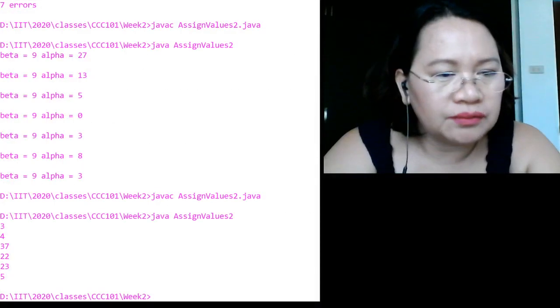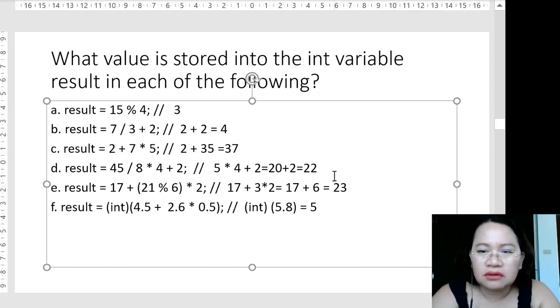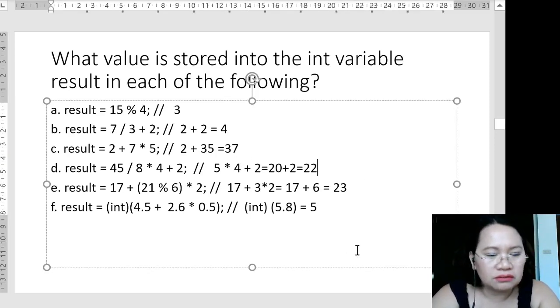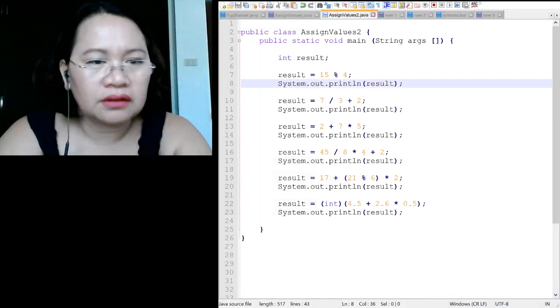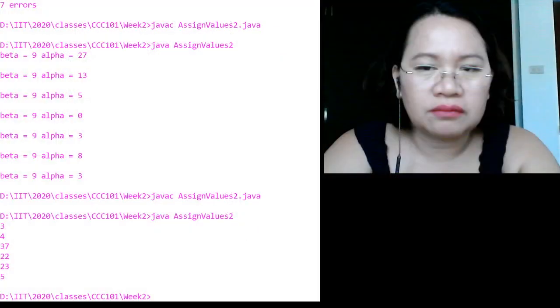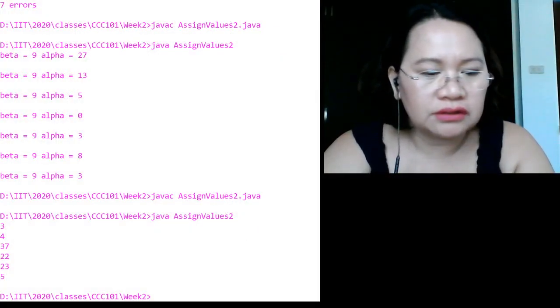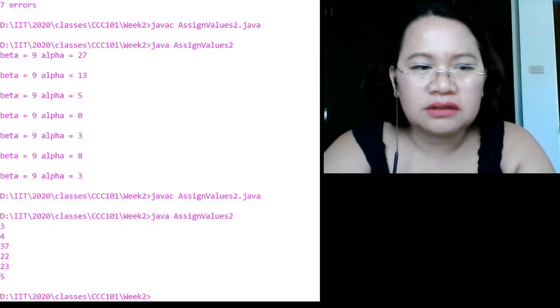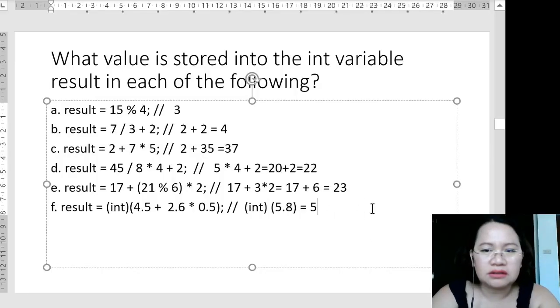The next line of output is 22. Is it 22? Yes, it is a 22. Next, we have 22. Next, we have 23. Is it a 23? Yes, it is. And then finally, our answer is 5.